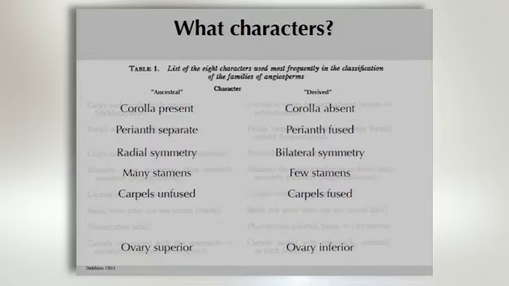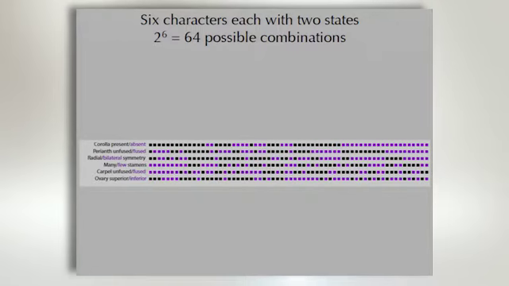So if we have 6 characters, each with 2 states, we have 64 possible combinations of those characters. So here I show each of our 6 characters with the 2 states, the inferred ancestral or the inferred derived, and each of the columns represents one of the 64 possible combinations of these characters.